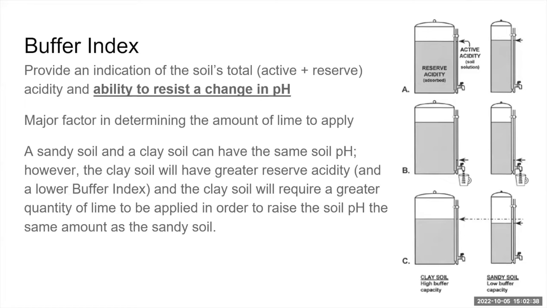You see the level in that little tube drop, whereas with the big reservoir, you can't see much of a change. The big reservoir is akin to a clay soil. The smaller reservoir is akin to a sandy soil. I don't necessarily know that this is really helpful for people. It's just how it was taught to me.